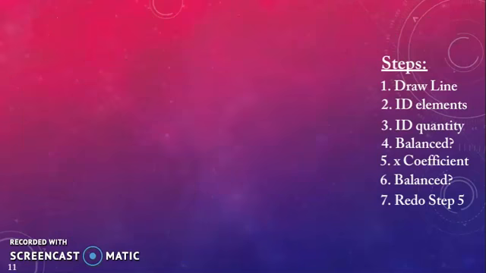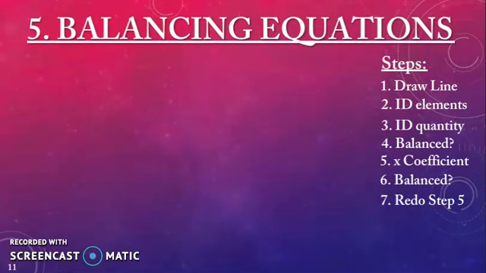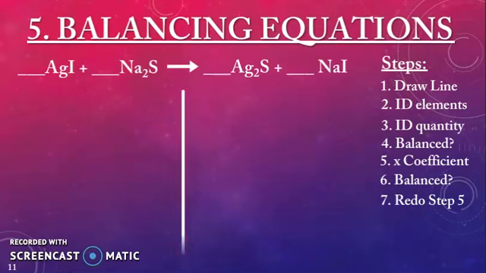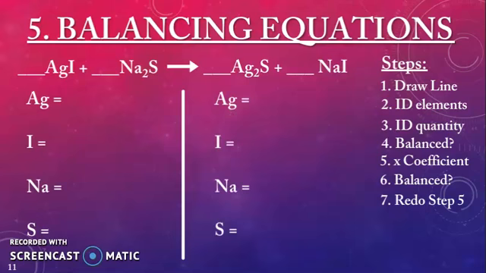All right, so let's move on to the last one we're going to work on today. So this time I have silver iodide, Ag is silver, plus sodium sulfide. And that's going to give us silver sulfide and sodium iodide.